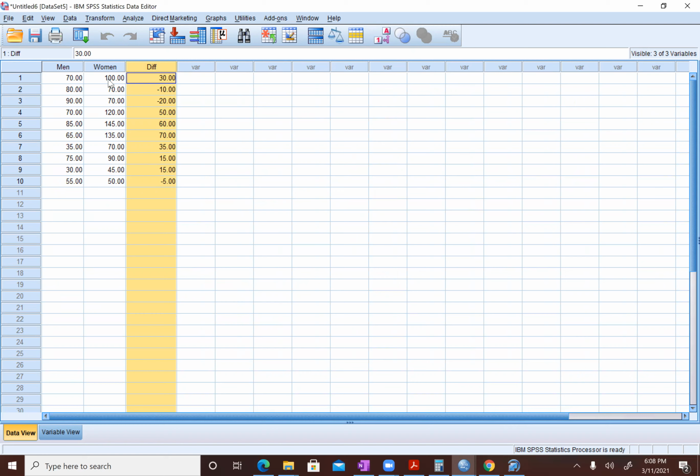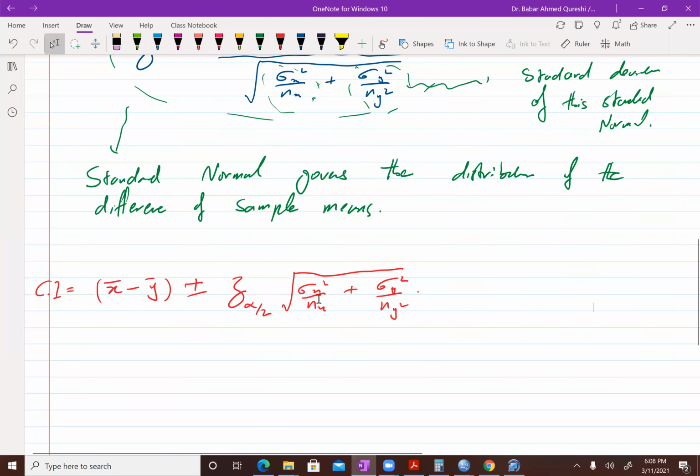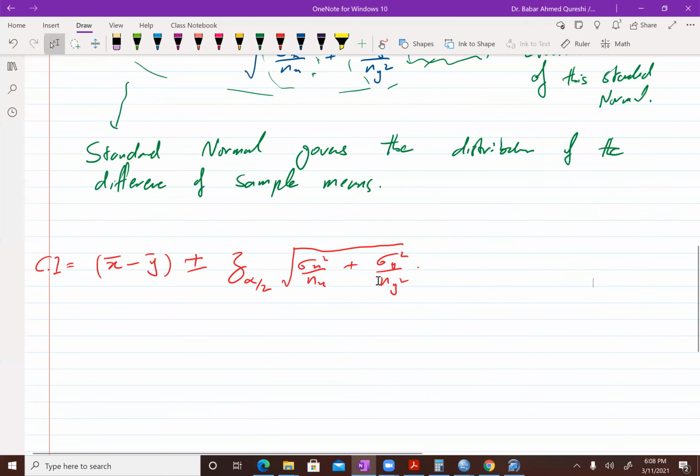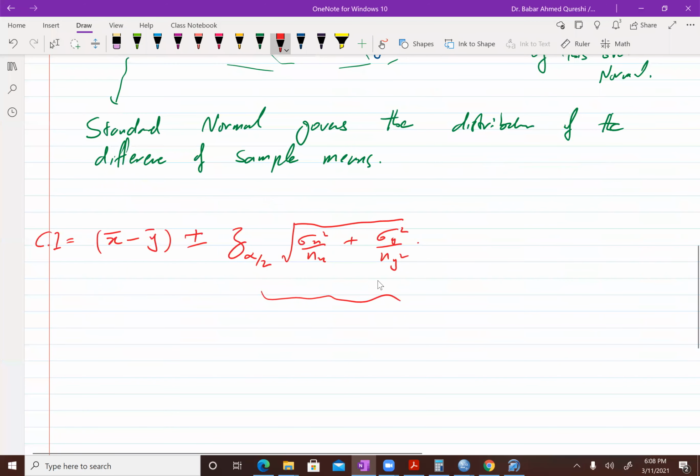Rather, I would be computing the standard deviation from these two separate columns, which is shown in these numbers. So this is the margin of error, and this would be the case if you knew the standard deviation of the population.